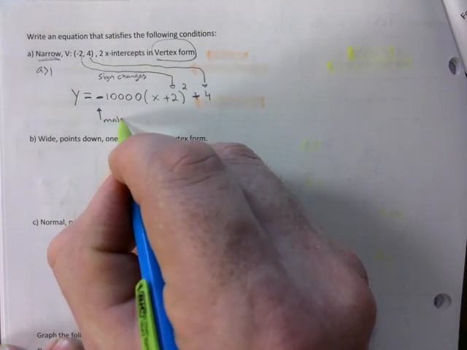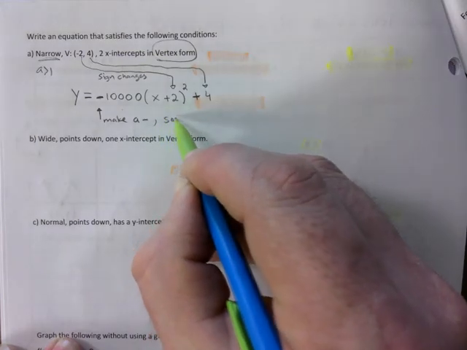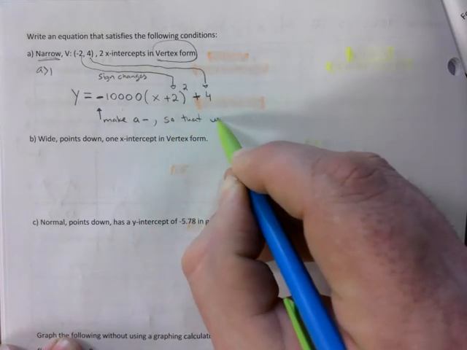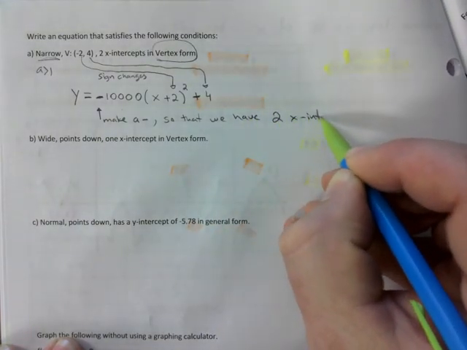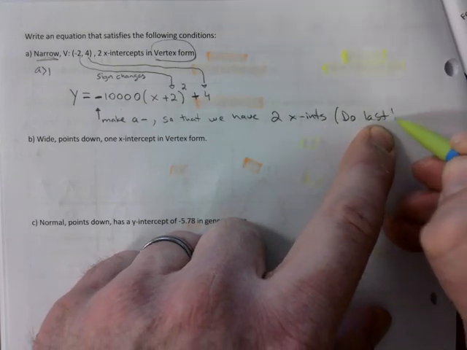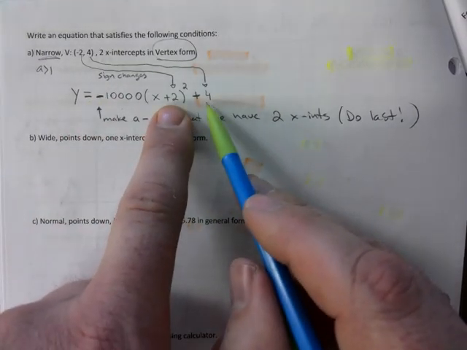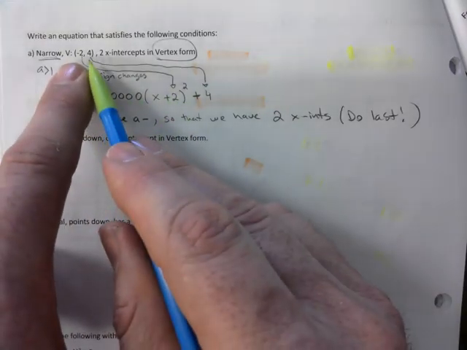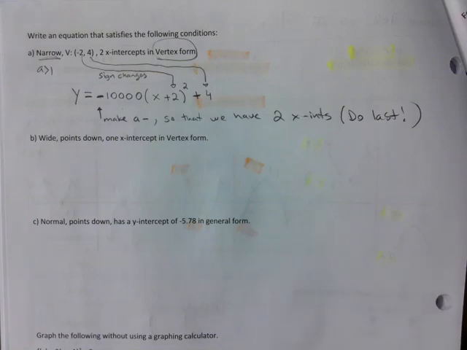Make a negative so that we have 2 x-intercepts. Do last, okay? You take care of this sign last. You first make sure you plug in the values as given to us by the vertex, and then you change the sign if it's needed, okay, if required.